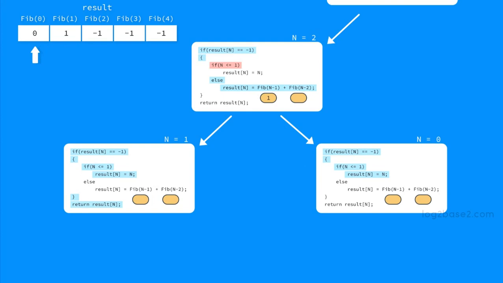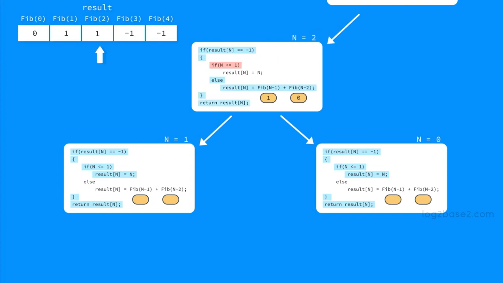And here we have return result of n. So 0 will be returned to the calling function fib of 2. Now this recursive call is finished. And here we have result of 2 equal to fib of 1 plus fib of 0, that is 1 plus 0, which is equal to 1. So result of 2 is computed and we got 1 and it is stored in the array.